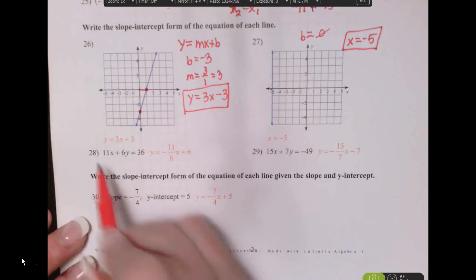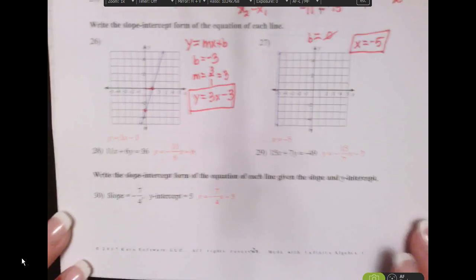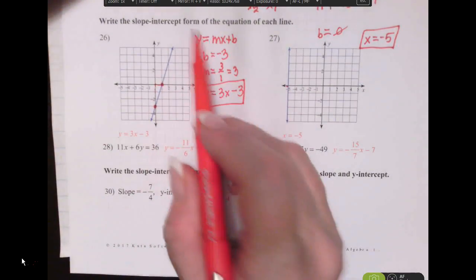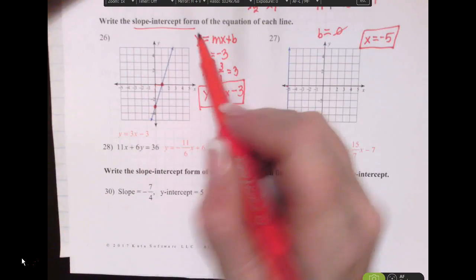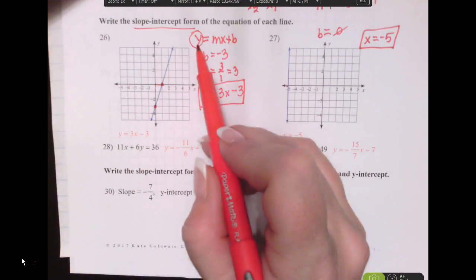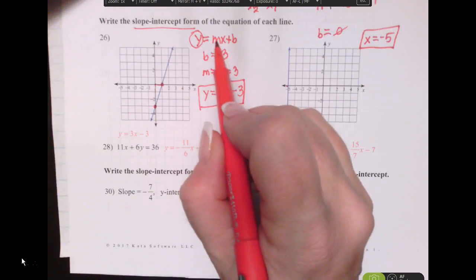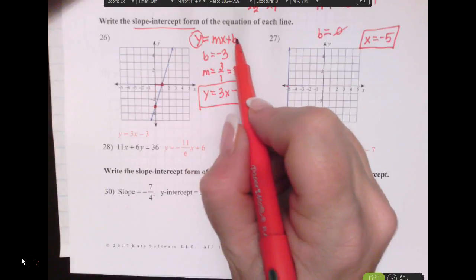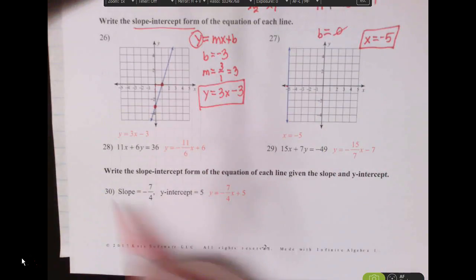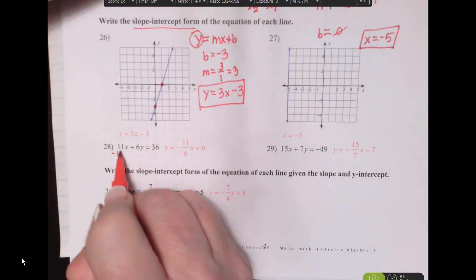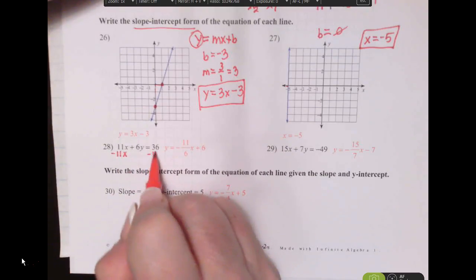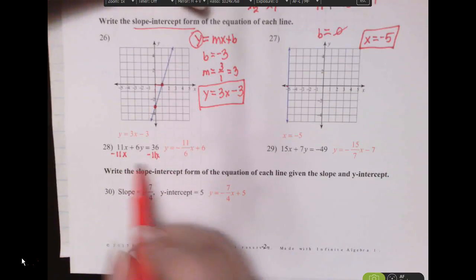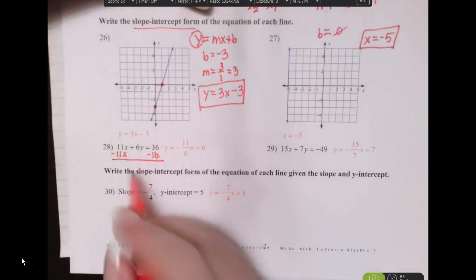In number 28, we're not given a picture, we're just given an equation in standard form. So when we're asked for slope-intercept form, that's where we know we've got to get y by itself, and then we want to put equals some coefficient times x, and then if there's a constant, that'll go at the end. So to get y by itself, we want to subtract 11x from both sides. And then I see that 36 minus 11x, those are not like terms.